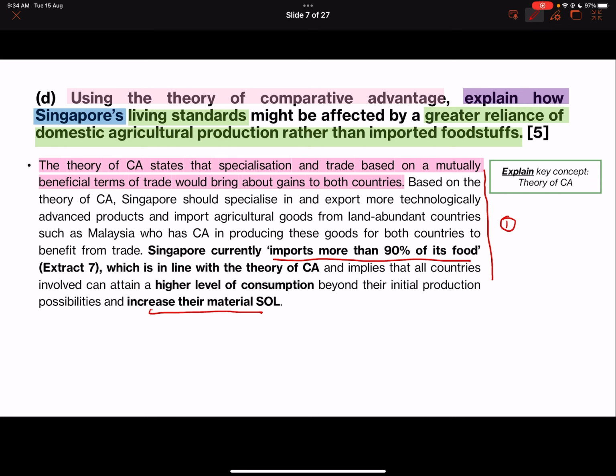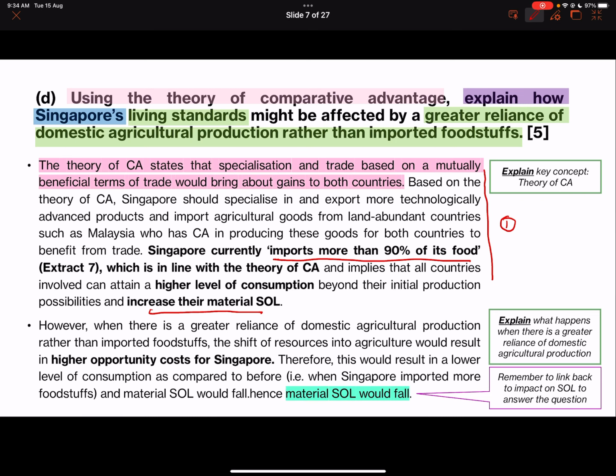But if I choose to specialize in agricultural production instead of importing this good that I don't have a comparative advantage in, then I will incur higher opportunity costs, because if I choose to divert my resources into the goods and services I don't have a comparative advantage in, I'll have lower levels of consumption. So hence my SOL will fall. So this will be number 2.